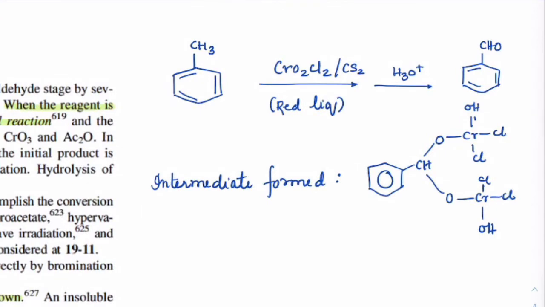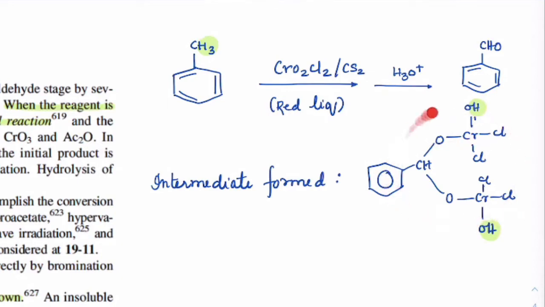Suppose I take this toluene and add it to chromyl chloride. The hydrogens present here will get attached with the oxygens, and two of these hydrogens are bonded with two of these oxygens, and that's how you will get this intermediate.